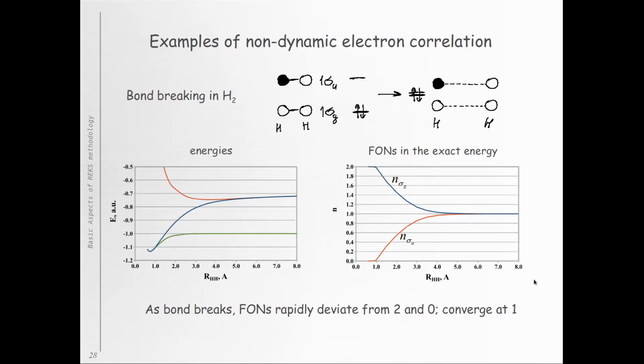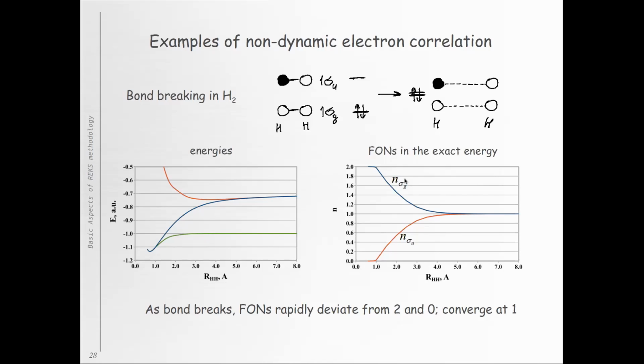And this equation, which I showed you before, works exactly as the solution of the quadratic equation. So it produces the correct dissociation curve for the hydrogen molecule, this green curve. And you can see how the occupation numbers of sigma g and sigma u orbitals vary with distance between the atoms.